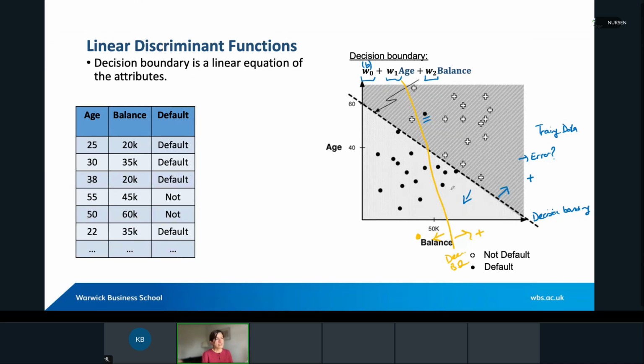If I use this decision boundary, now I'm going to make 1, 2, 3, 4, 5 errors. Under the line, we will have 1 error, since we misclassify this one, but over the line, we will have 5 errors. So we can have lots of decision boundaries to separate these two classes, default or not default, and the one which is actually chosen by the model, learned by the model, is the one with the least error.